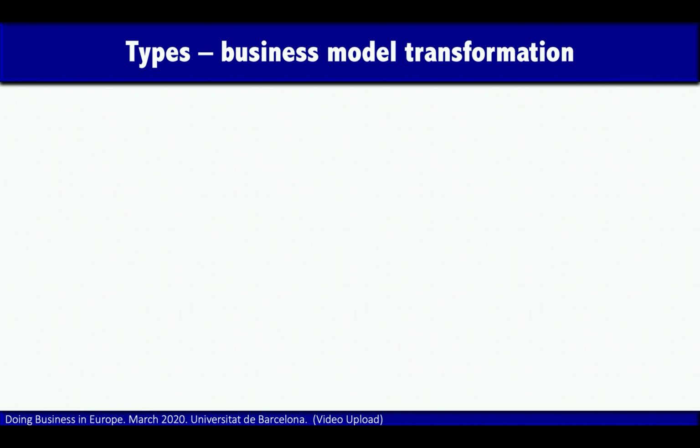And finally, the third type has to do with business model transformation. So this is very linked to the one we just saw, but it implies not only changing. It basically refers to a more structural change, right?